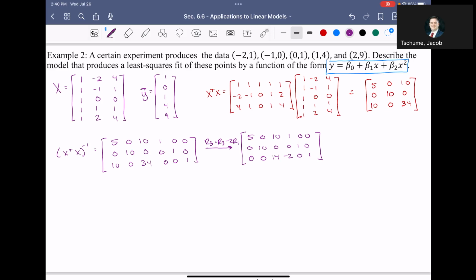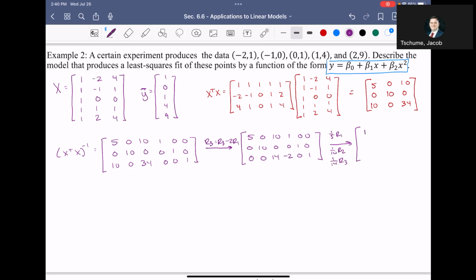I'm going to go ahead and scale things. It really doesn't matter when we do this, but let's go ahead and just do it now. So I'm going to take three things here. I'm going to take a fifth of row 1, a 10th of row 2, and a 14th of row 3. Once again, just the way I want to do it here, and we're going to get fractions, but we'll deal with them.